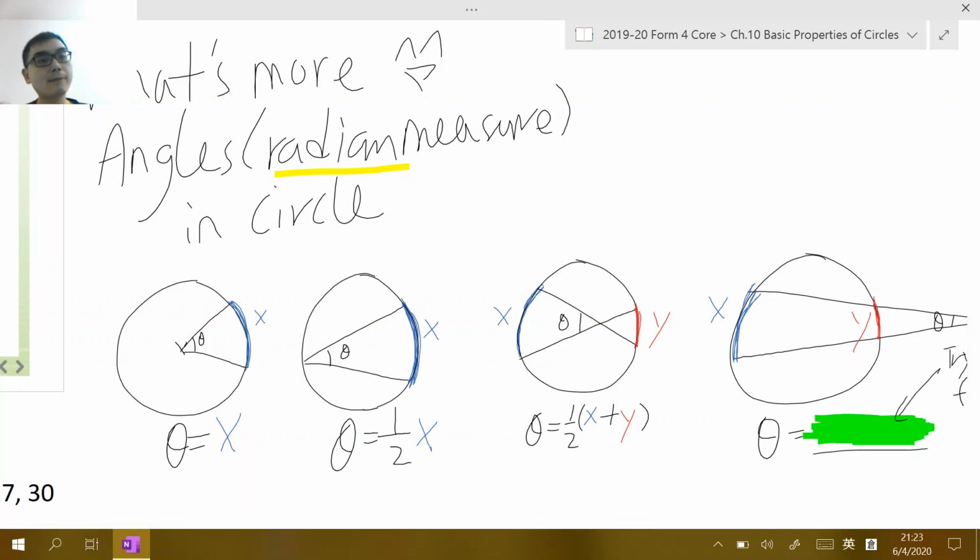If you still remember, for M2 students, you have learned something called the radian measure. Radian measure is actually talking about the size of the angle and the relation to the arc.